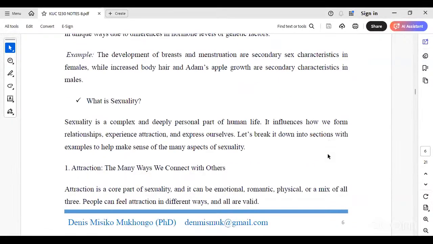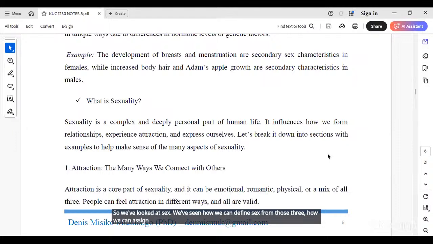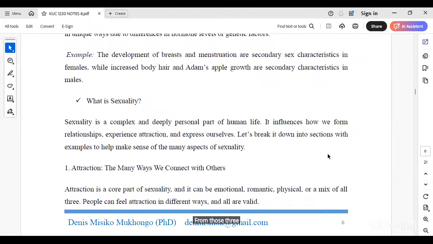So the topic of this was sex and sexuality. We've looked at sex. We've seen how we can define sex and assign sex to an individual from those three perspectives. But now, how can we unpack sexuality?